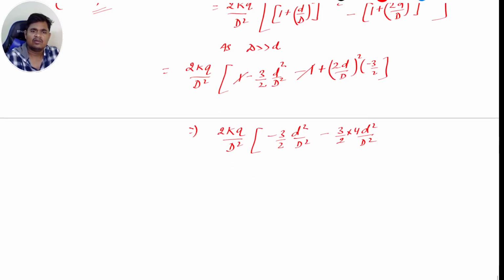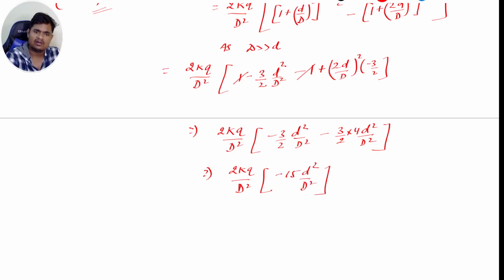If you further solve this, you will get minus 3 by 2 minus 3 by 2 times 4, so 3 fours are 12 and 3, that is minus 15 in d square by D square.